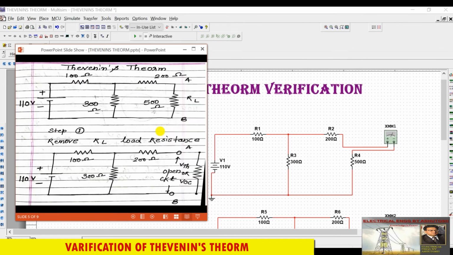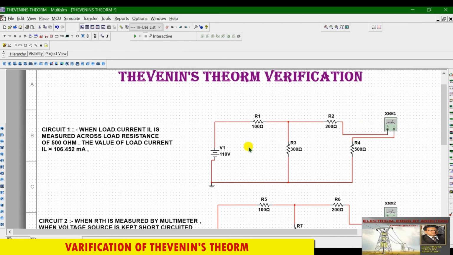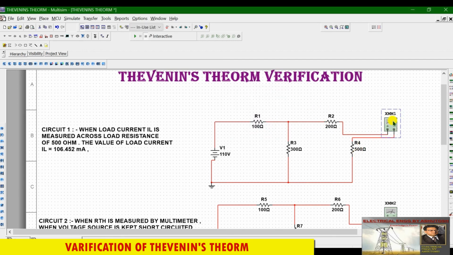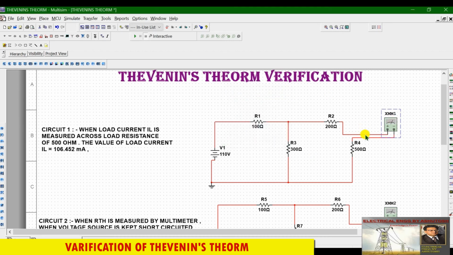Now first I am minimizing this. So we have drawn this circuit and we have connected, this is our load current measurement. We have connected the multimeter that is working like an ammeter in series with the load resistance. Here you can see it is connected in series.